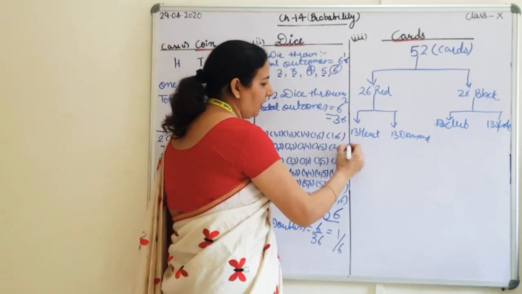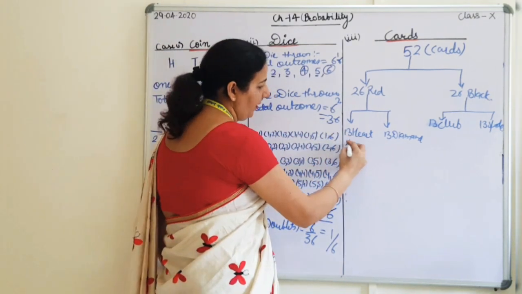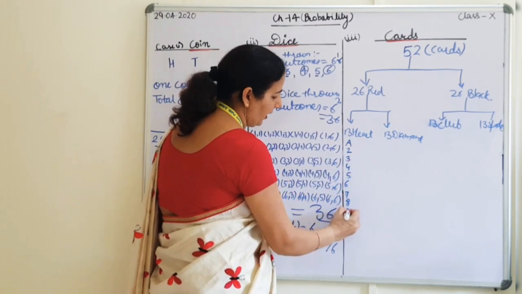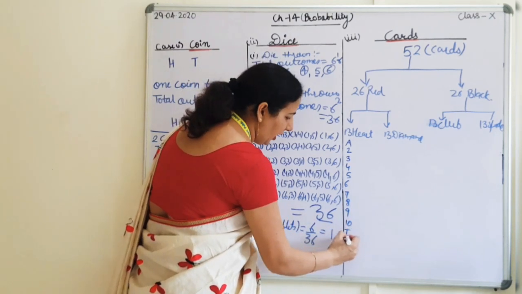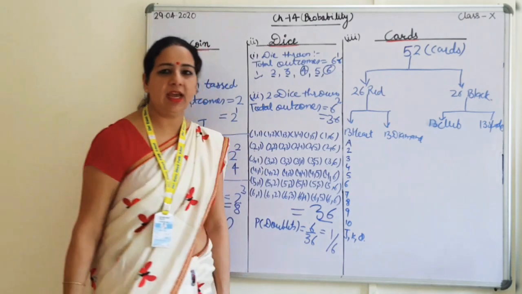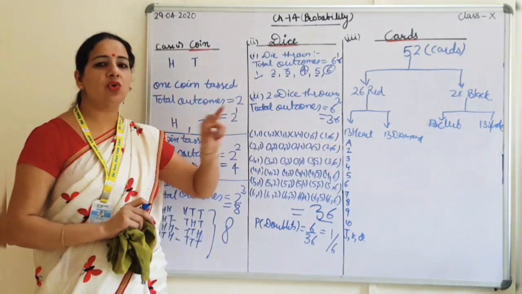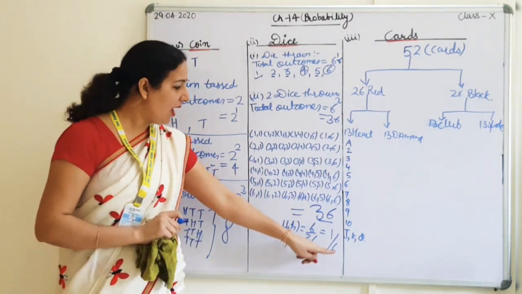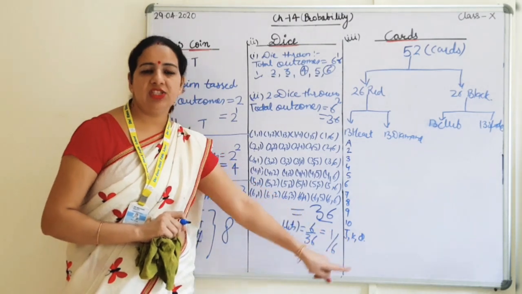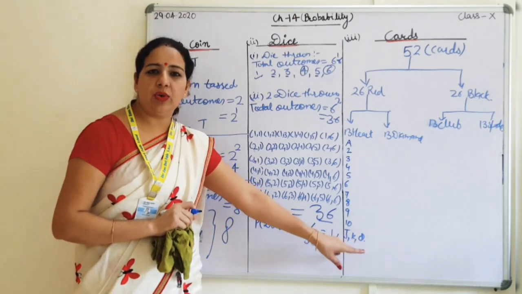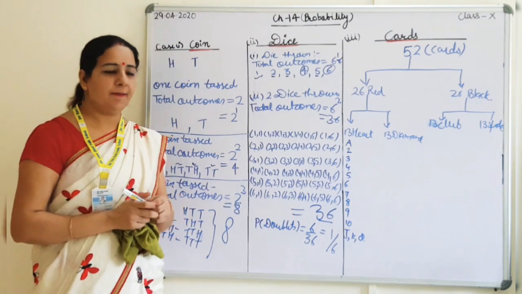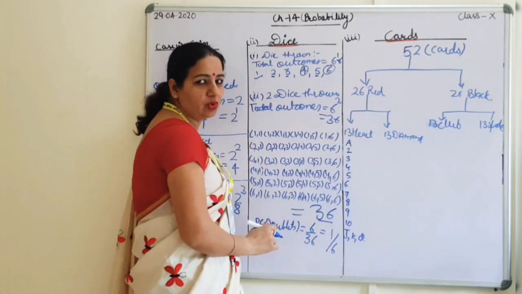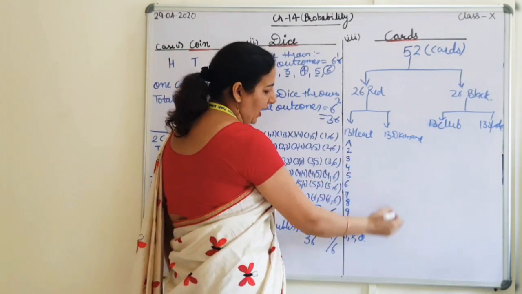Then these 13 cards are written like this: A, 2, 3, 4, 5, 6, 7, 8, 9, 10, and after that J, K, Q. A is known as the ace card. 2 to 10 are known as number cards, and J, K, Q, that is Jack, King and Queen, are known as face cards. The same happens with the other shapes also.